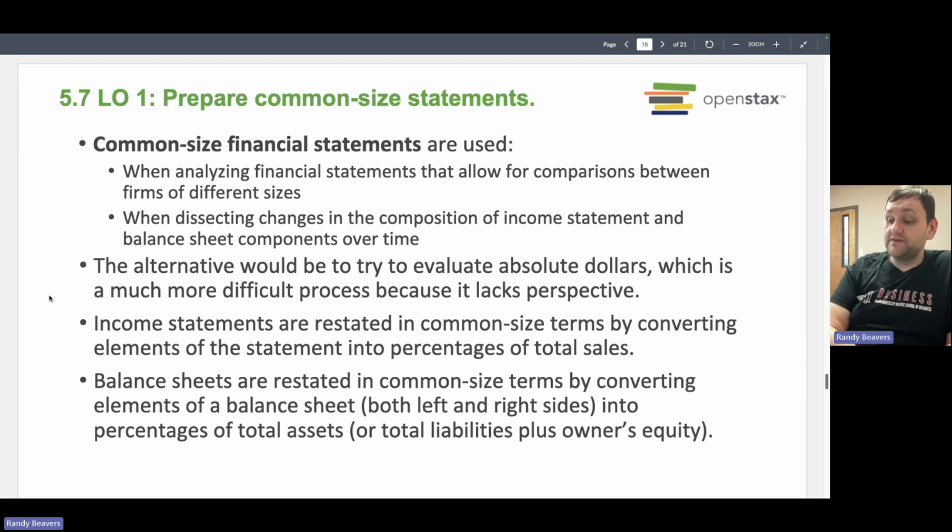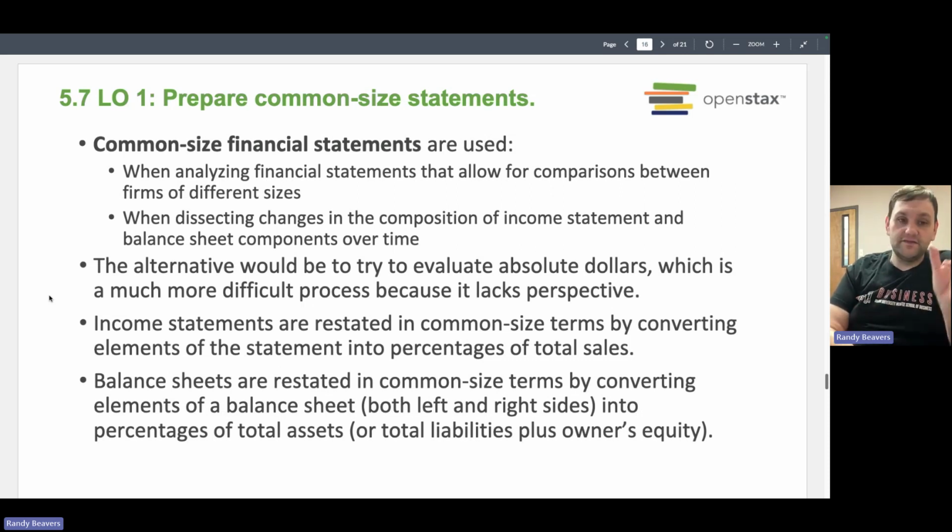How we do this is we take everything in the income statement and divide it by total sales and look at those percentages and how they've changed over time. With the balance sheet, we can convert everything into percentages of total assets, or because they're equivalent, assets equals liabilities plus owner's equity, we could also convert it into that function.